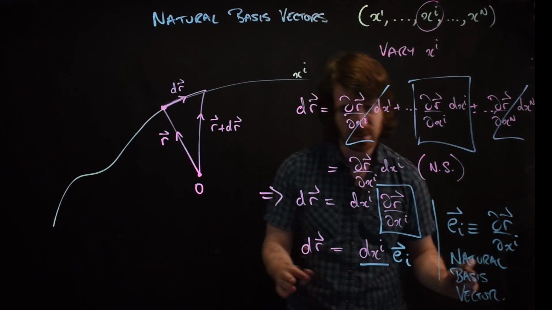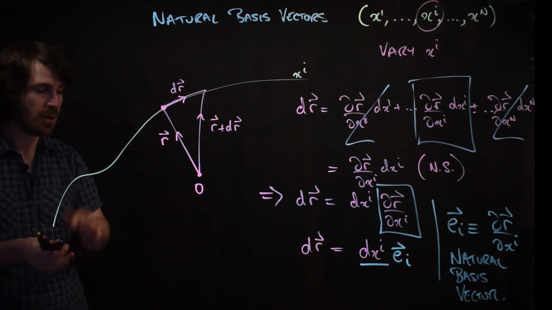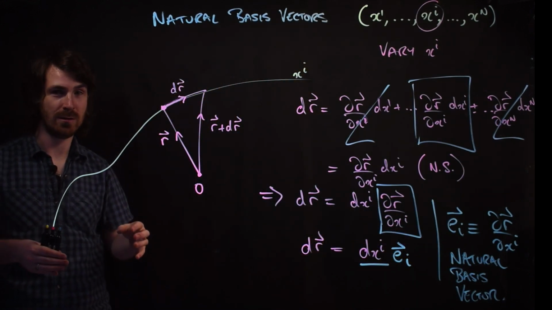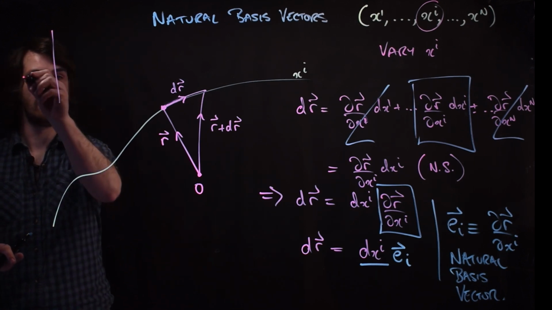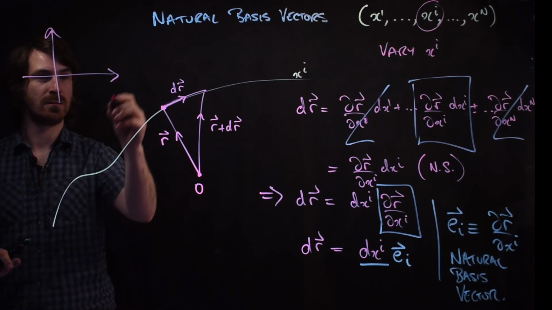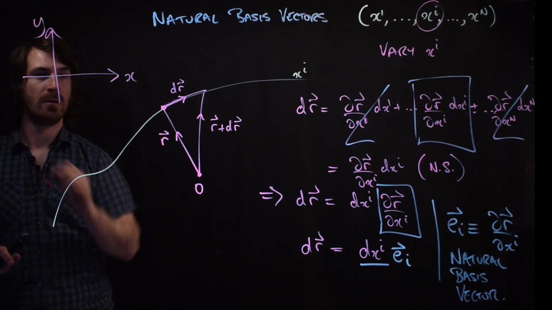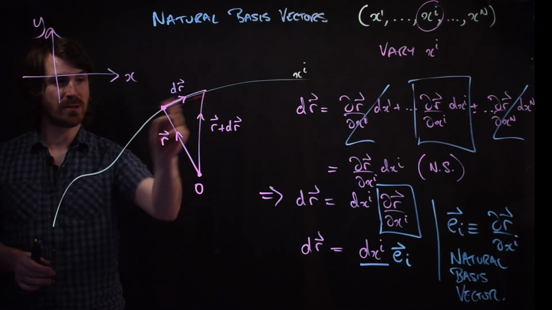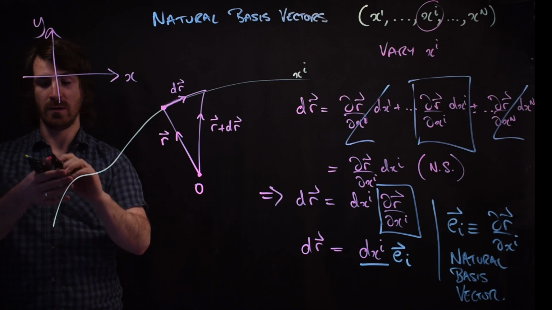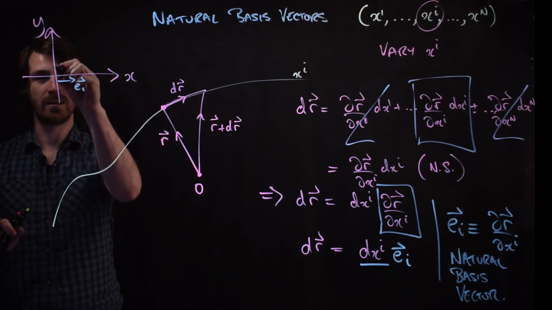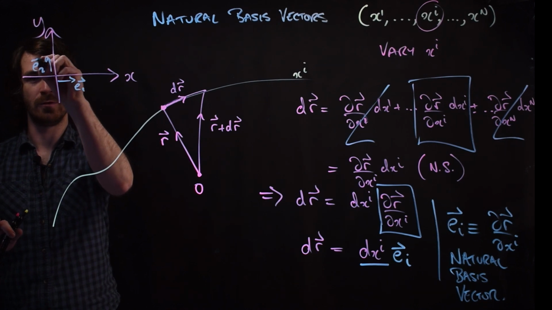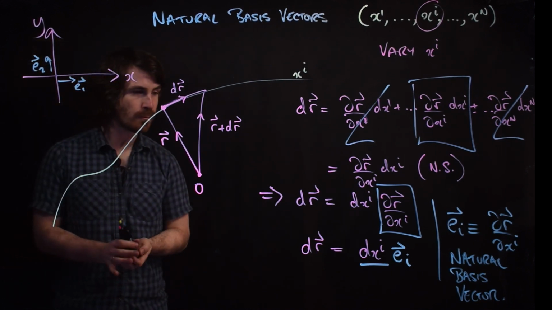These natural basis vectors are what we were drawing before without much thought. So we were looking at our xy axes, and our natural basis vector is tangential to the coordinate curve. So we were drawing an E1 for the x and an E2 for the y.